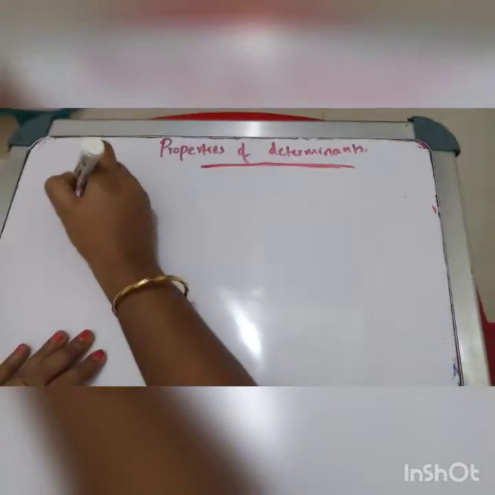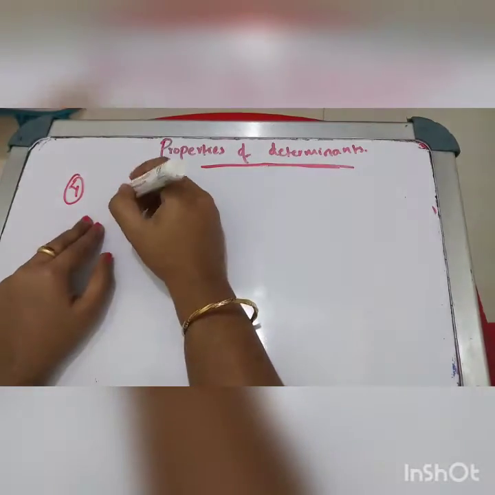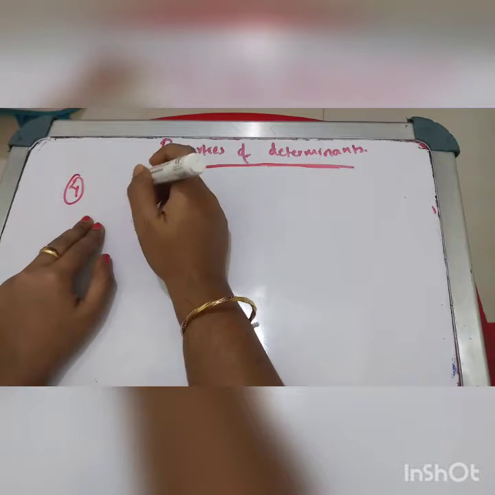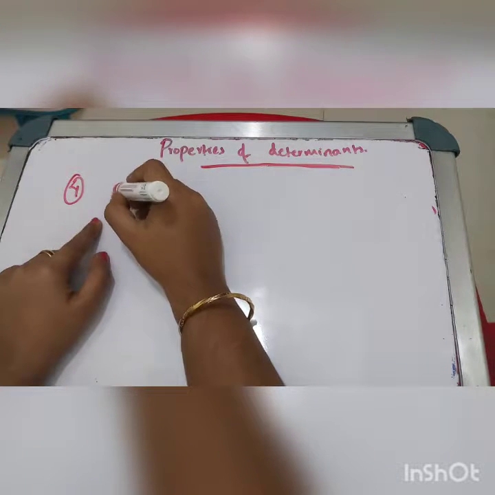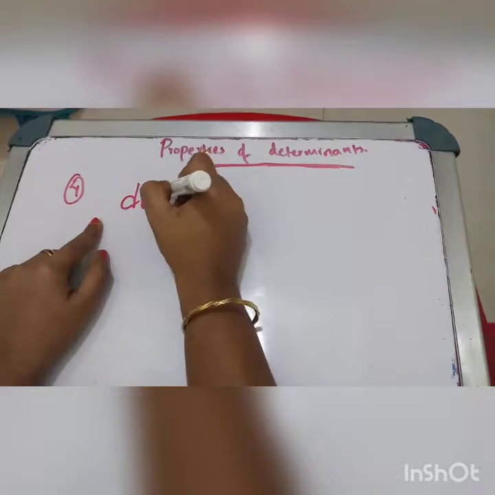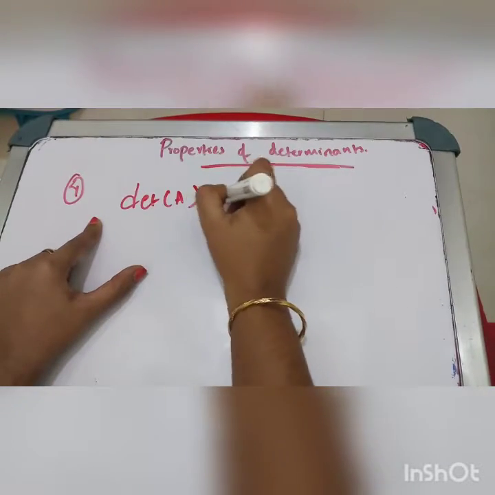Now the next property is, if you are interchanging the rows and columns of a matrix, that is, taking the transpose of a matrix, then the determinant will remain unchanged.